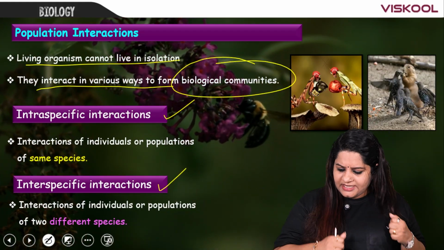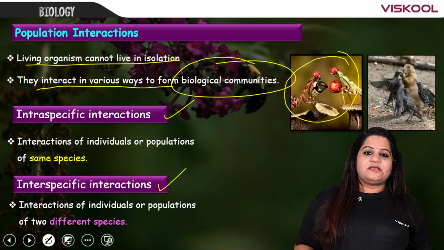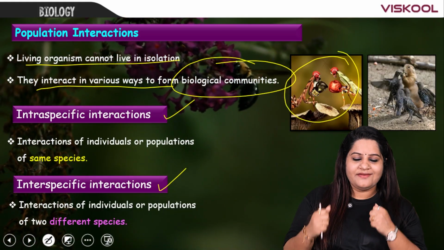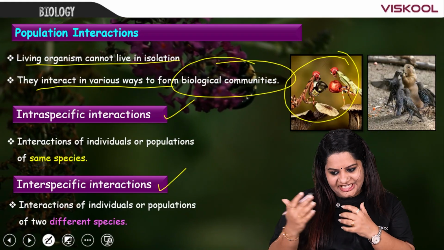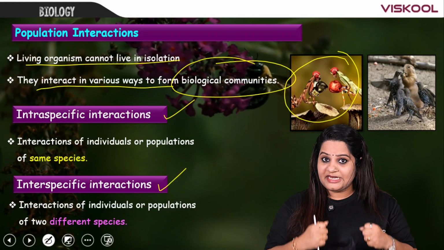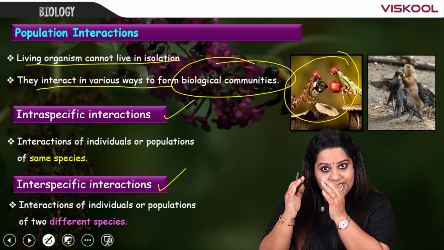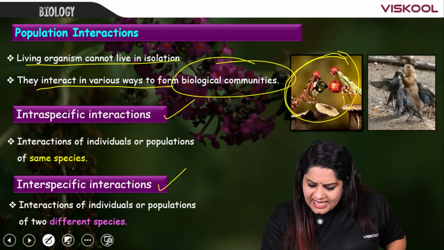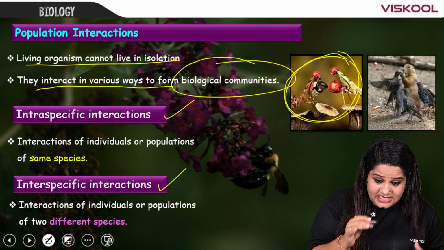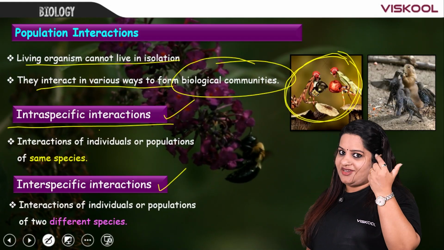Here you can see two grasshoppers with helmets and guards, interacting between themselves. They are from the same population, of the same species. If the interaction takes place within the same species, then it is known as intraspecific interaction.